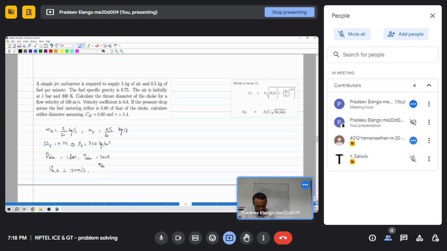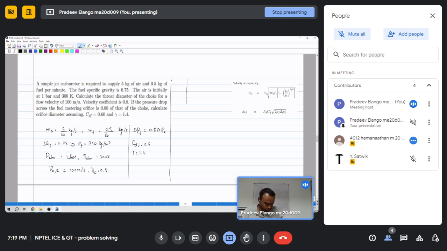The pressure drop across the metering orifice is 0.8 that of the choke. So delta P of the fuel is 0.8 that of the choke, where the air goes. Calculate the orifice diameter assuming CDF equal to 0.6 and gamma equal to 1.4.